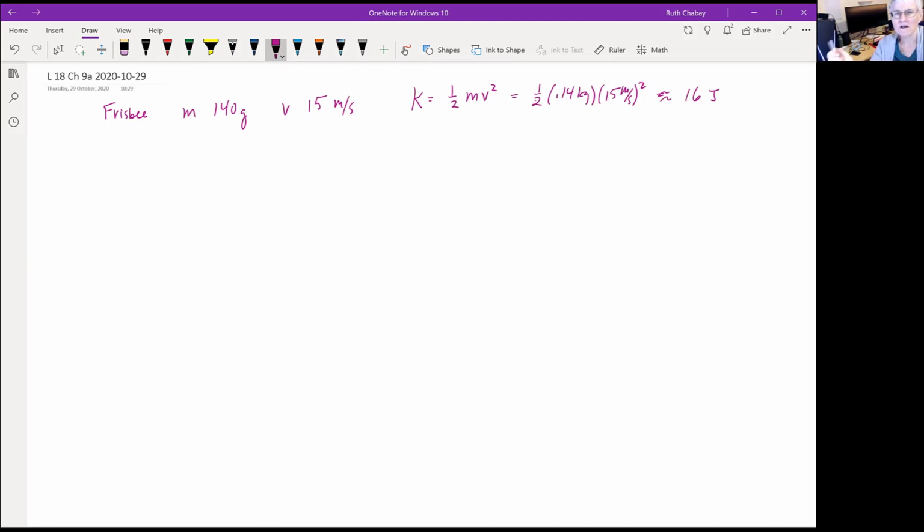But that doesn't capture the fact that the frisbee is also rotating. All this tells us about is the motion of what we can call the center of mass, the center of the frisbee.